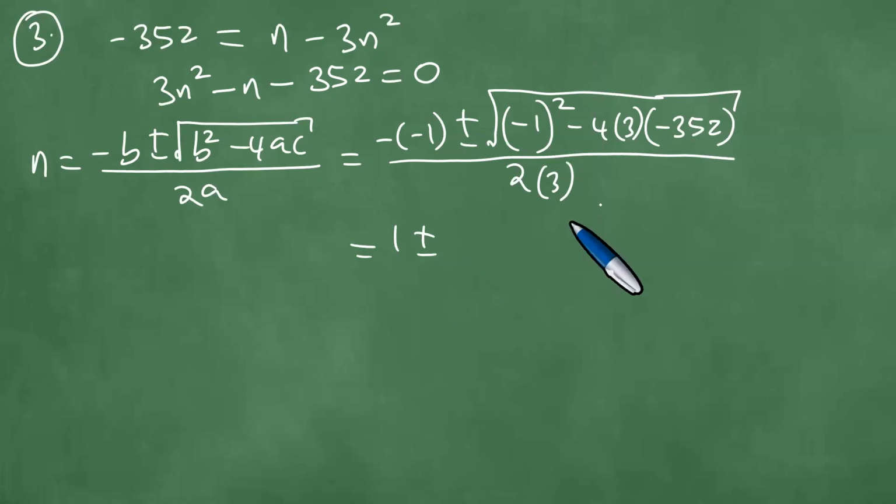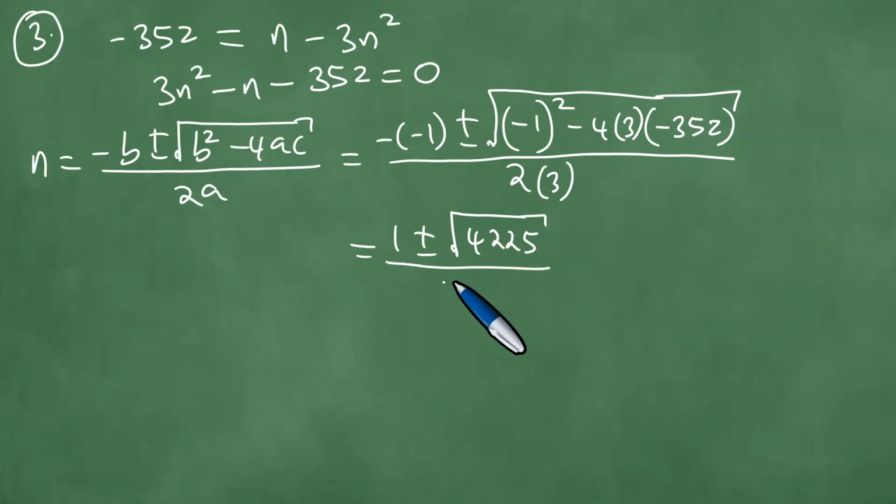1 plus or minus the square root. Okay, we just have this here. We need to do what is under the square root sign. So which is exactly 1, 4 by 3 by 352. Under the square root, you're going to have 4225, all divided by 6.